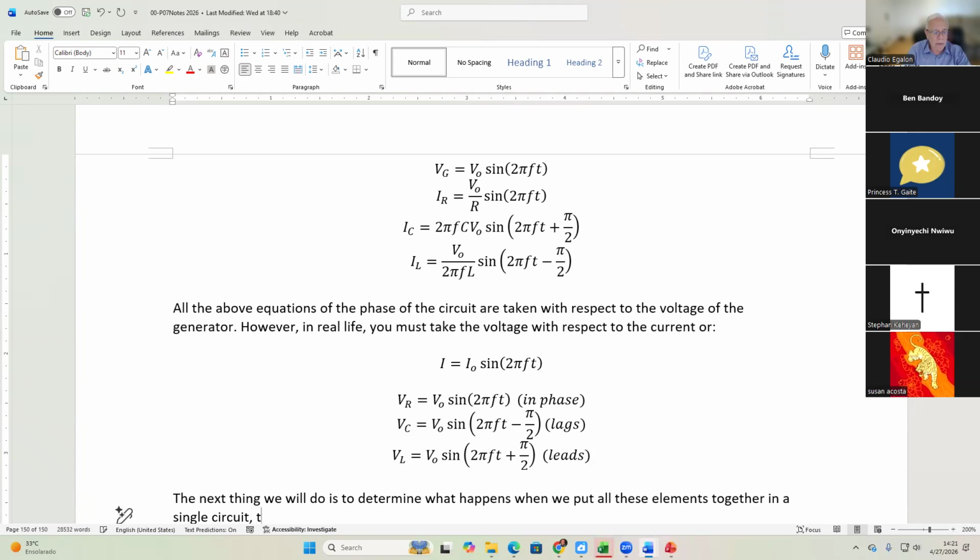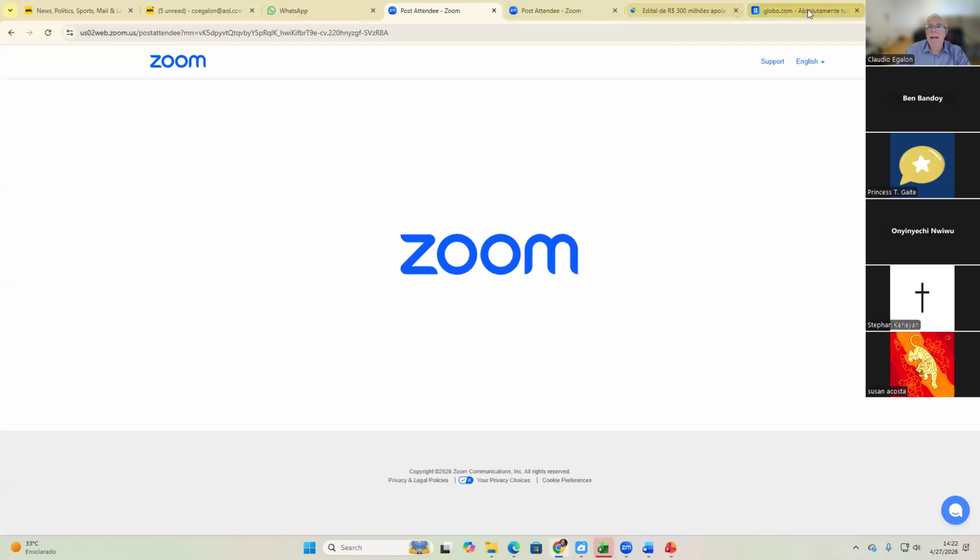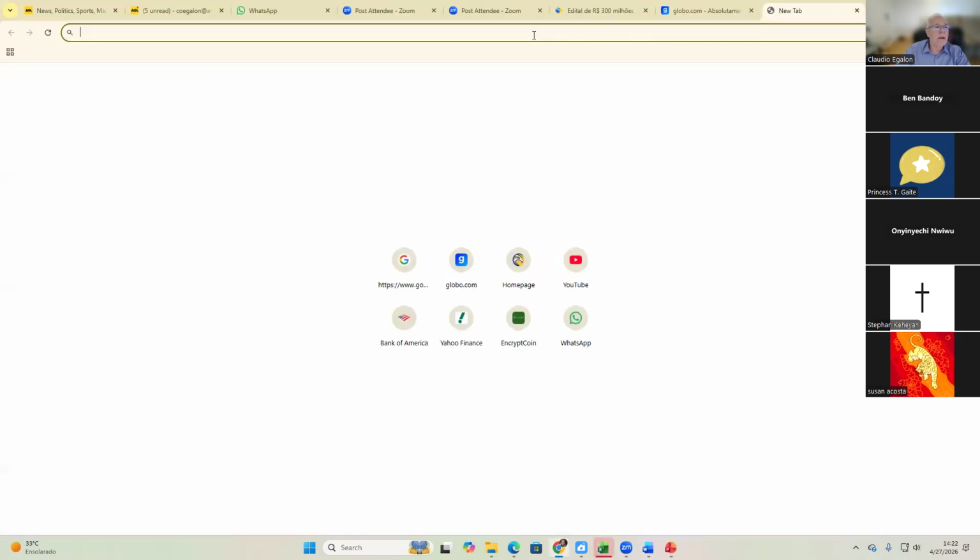The RLC circuit, we call it. Oh, LCR, whatever you want to call it. The book gives a different name, right? Let's see what name the book gives to the circuit.